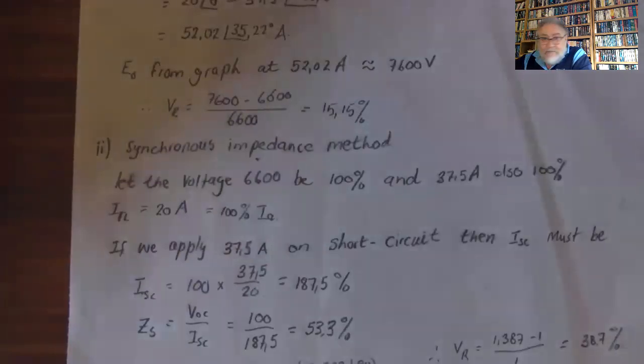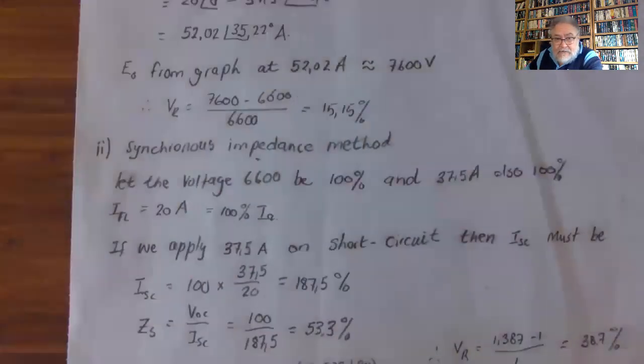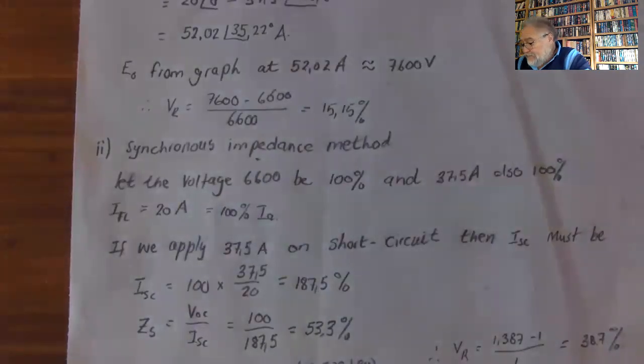Now, the synchronous impedance method, let's say the voltage 6,600 is 100%, and also the full load current 37.5 is also 100%. The full load field current is 20 amps, which is also given as 100%.